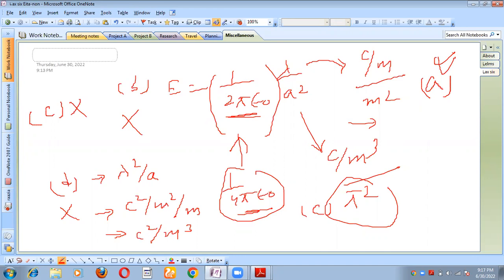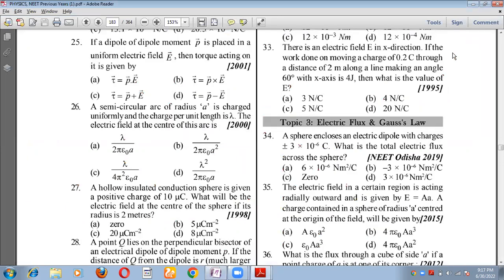Gradually, you will learn. It's not something you will learn randomly. Step by step you will come to know how to eliminate options, and it will be very useful for the NEET and JEE main exam. In every paper, at least 4 or 5 questions are very lengthy to solve, but you can solve them directly using the option elimination method and other shortcuts that I will give you later on.